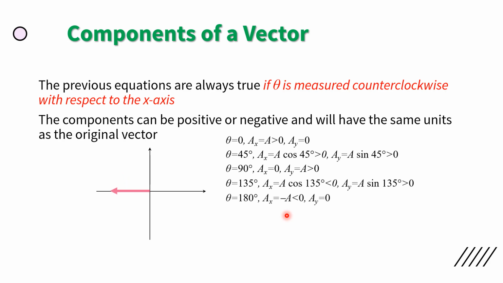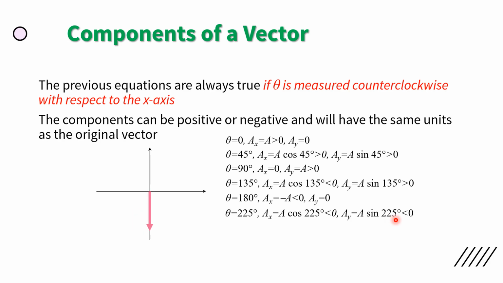So here, theta is equal to 180 degrees. So a sub x is equal to the negative of the magnitude of vector A, and a sub y is equal to 0. And then we have theta equal to 225 degrees. So in here, we can see that a sub x equals a cosine 225 degrees, and a sub y equals a sine 225 degrees.